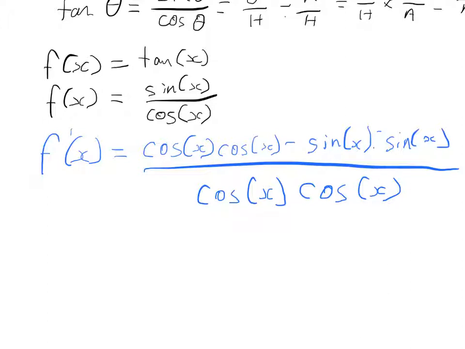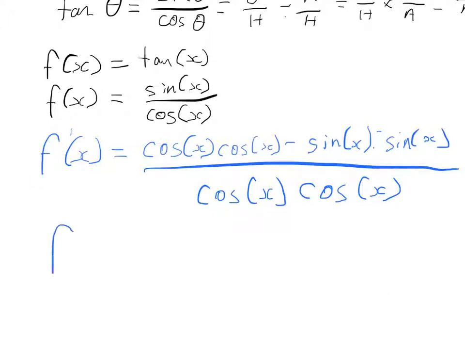If you think about what it looks like in a circle, it makes sense, but if you haven't seen it, you just need to trust me on this one, that cos of x times cos of x plus sine of x times sine of x equals 1. I can show you why in a circle, in a triangle. You can ask me that in class. What we've got on the top here is cos of x times cos of x plus sine of x times sine of x, which is 1.